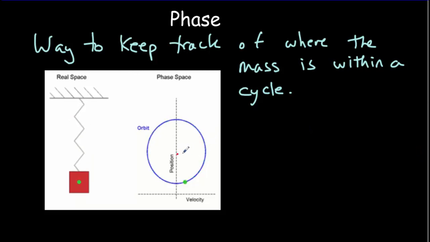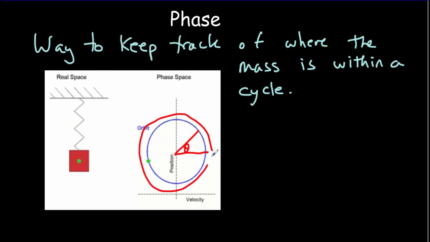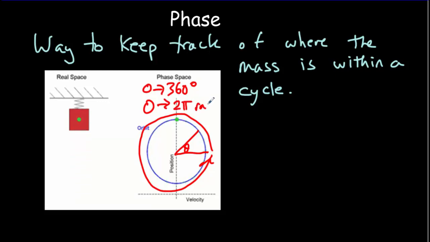And we could keep track of where the mass is within a cycle by using an angle here. And that angle could range anywhere from 0 to 360 degrees. Or if we were using radians, it would vary anywhere from 0 to 2 pi radians. We're going to use really the same angle to keep track of where the mass is in an oscillation.